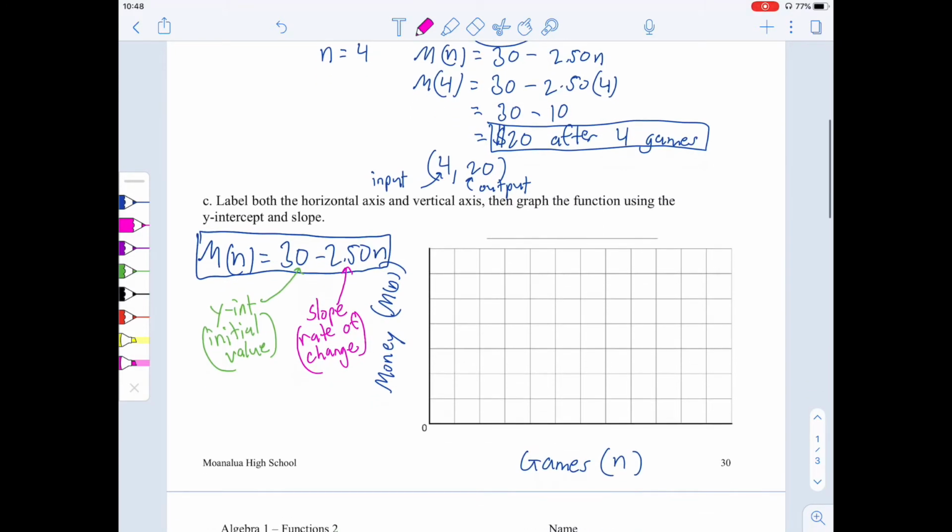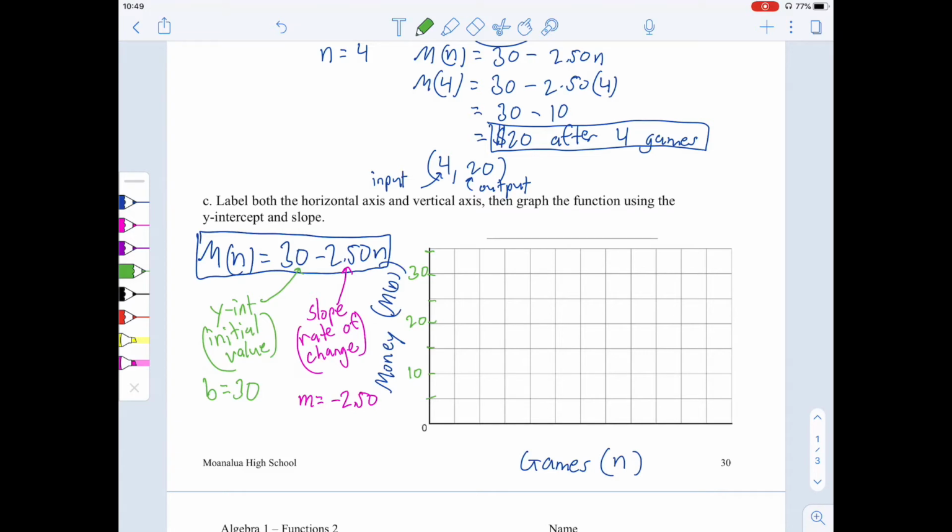Okay, so we're going to use that to graph it. We know our slope m is negative 2.50, and our y-intercept b is 30. So on our graph, we start with $30. We're going to go by intervals up to 30, and then we're going down. So let's skip every line: 10, 20, 30.